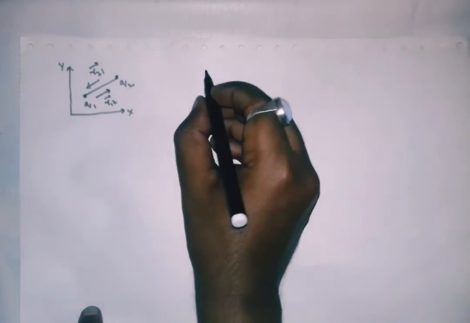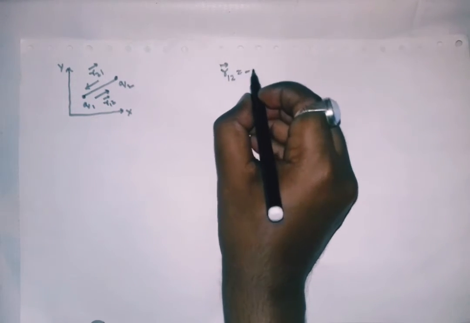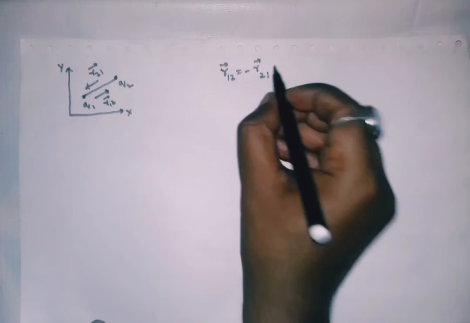So these two distance vectors are given. Clearly, r21 and r12 are the same in magnitude but their directions differ. Therefore r12 equals minus r21.